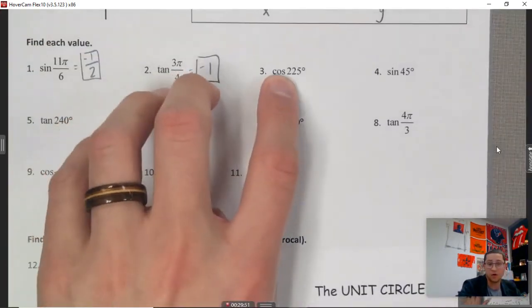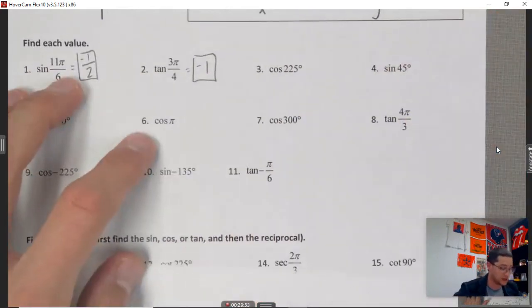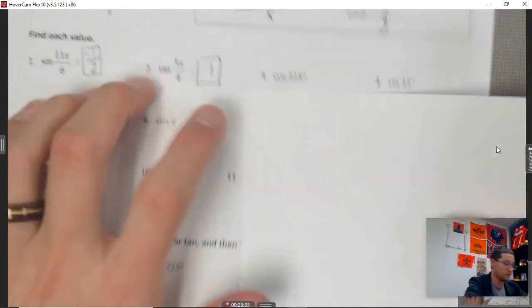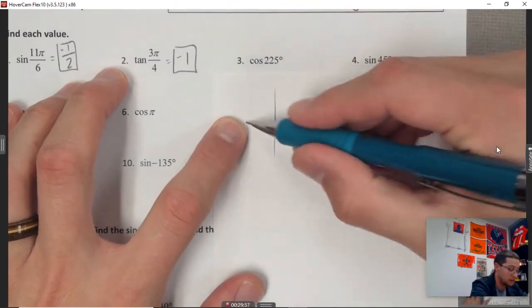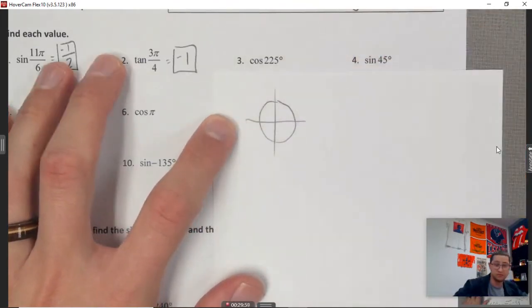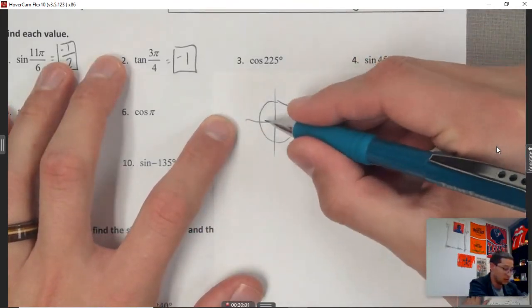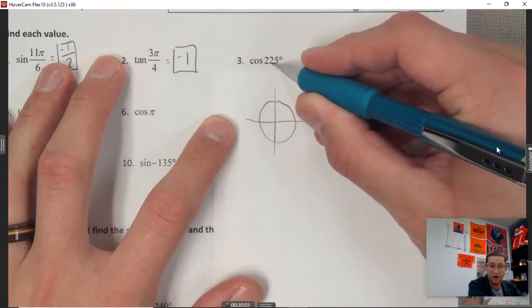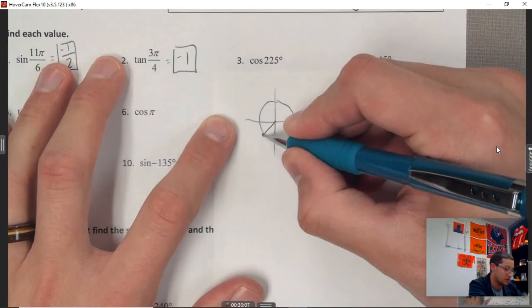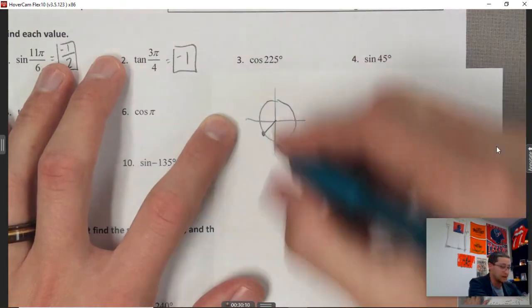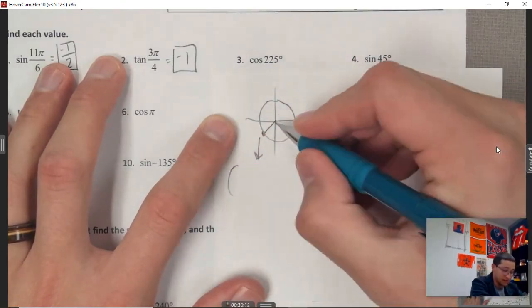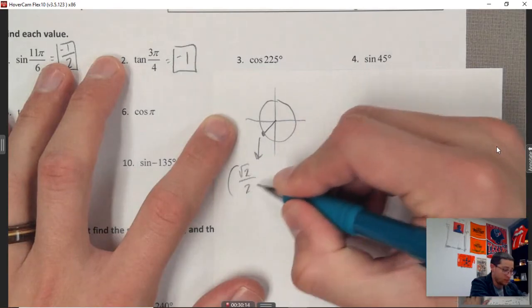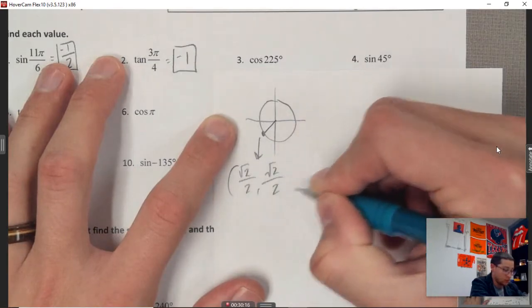Next one, cosine of 225. Again, I'm drawing a picture. 225, let's figure where that is. 0, 90, 180, 270. 180 plus 45 gets me that 225, so that is here. It's one of those 45 pieces, so it's square root of 2, square root of 2.